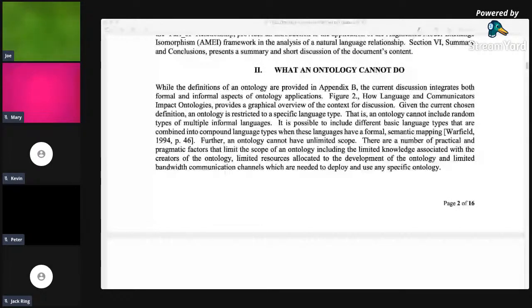Or if it's not a documented formal ontology, then there'll be a different informal view of the ontology among the group. So if the goal is to have a formal ontology, that's always going to be behind.